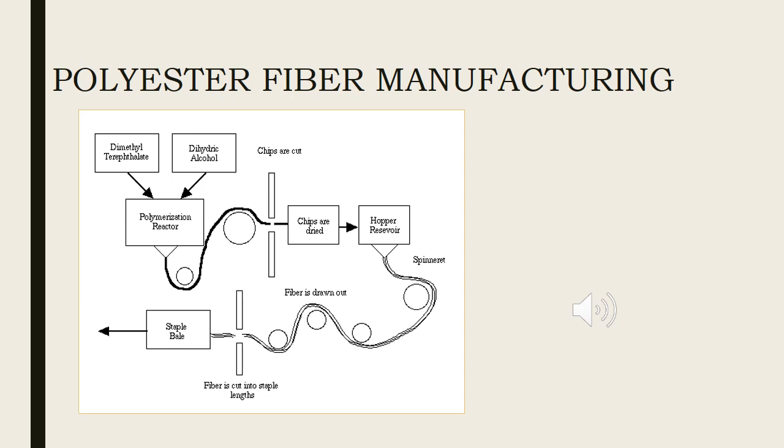Melt spinning. The chips from storage are heated in a melting chamber, which turns them into a thick viscous liquid. This liquid is then pumped to melt spinning machines, where the polymer is pumped by a meter which discharges an accurate quantity of polymer per revolution.